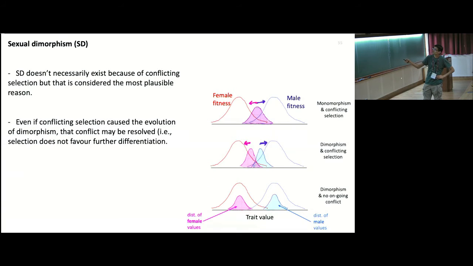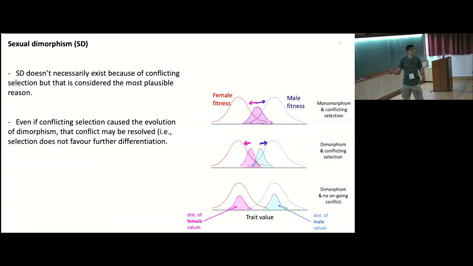So, here's the scenario we're imagining. Imagine we start with one population where males and females are the same, but the female optimum is over here and the male optimum is over here. With enough evolutionary time, one might expect the two sexes to be able to diverge, right? If you find the right kind of mutations that allow them to move towards their optimum. And eventually, ideally, one might hope that they can each reside under their optima.